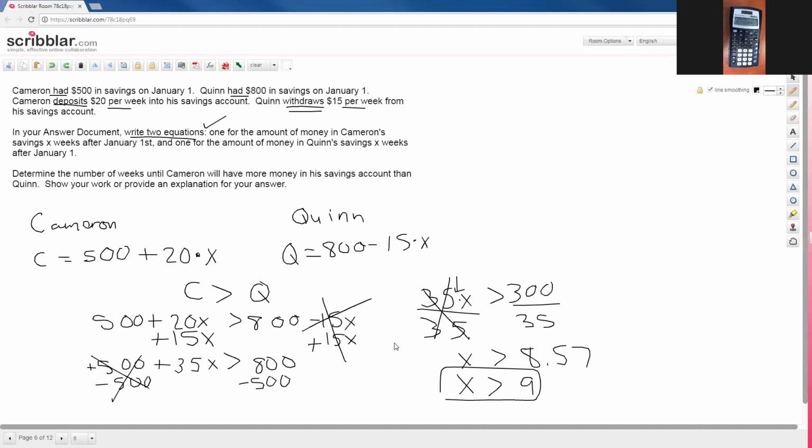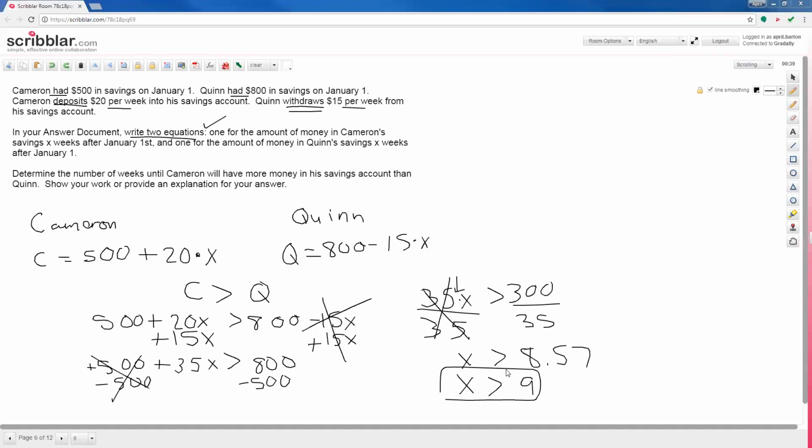So one way to do it is to do this equation stuff. But again, like I said, this is probably not the way you're going to do it. Probably the way you're going to do it is just create a table. If we have Cameron and Quinn, and we have their starting amount of 500 and 800, then after week 1, we're going to add $20 to the 500 because it said he was depositing $20 per week.